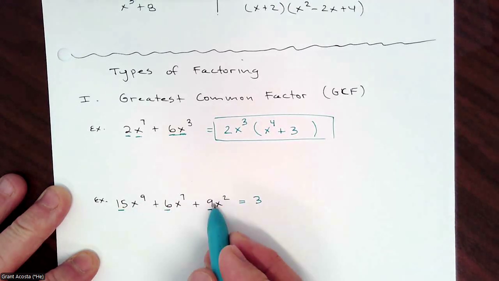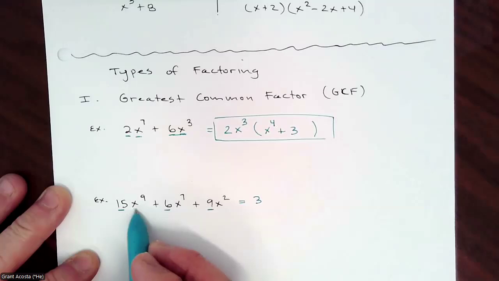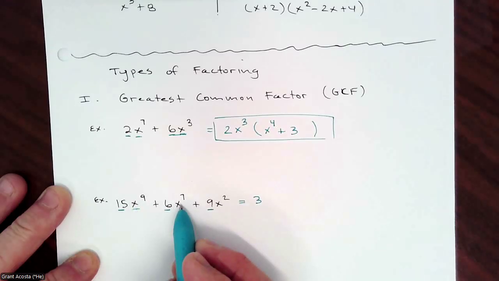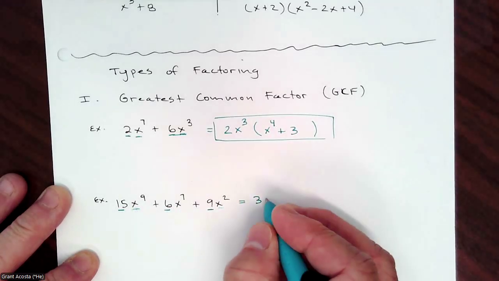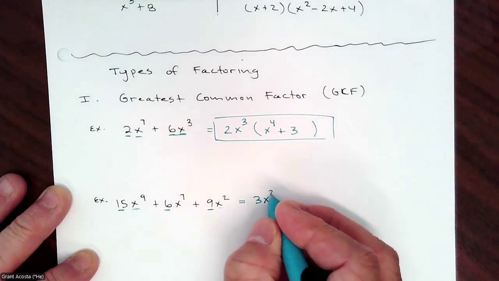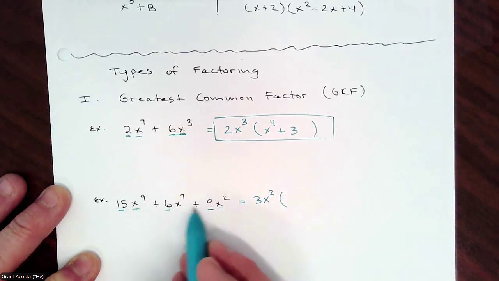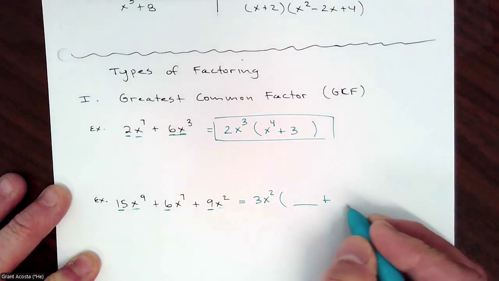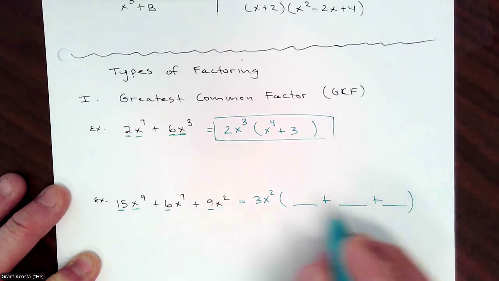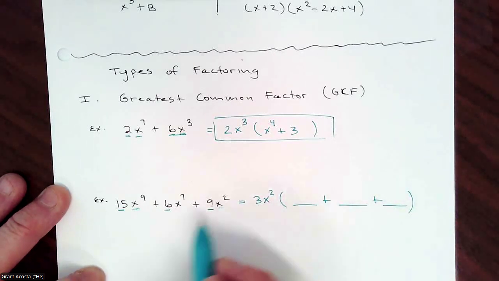Each one of those numbers is divisible by 3. In terms of x's, x to the 9th, x to the 7th, x squared. Everybody has at least 2 powers of x, so I can factor out 3x squared. Now I'm pulling out 3x squared from 3 things, so sometimes it helps to remind yourself that there should be 3 spots here to put things.